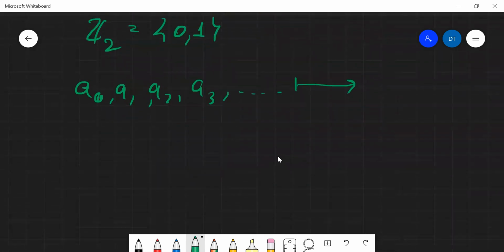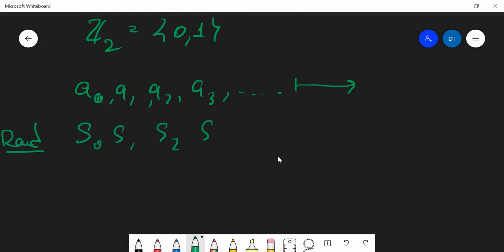The way you can encrypt it is very simple. You can generate a random sequence. Here it must be random, S0, S1, S2, S3.